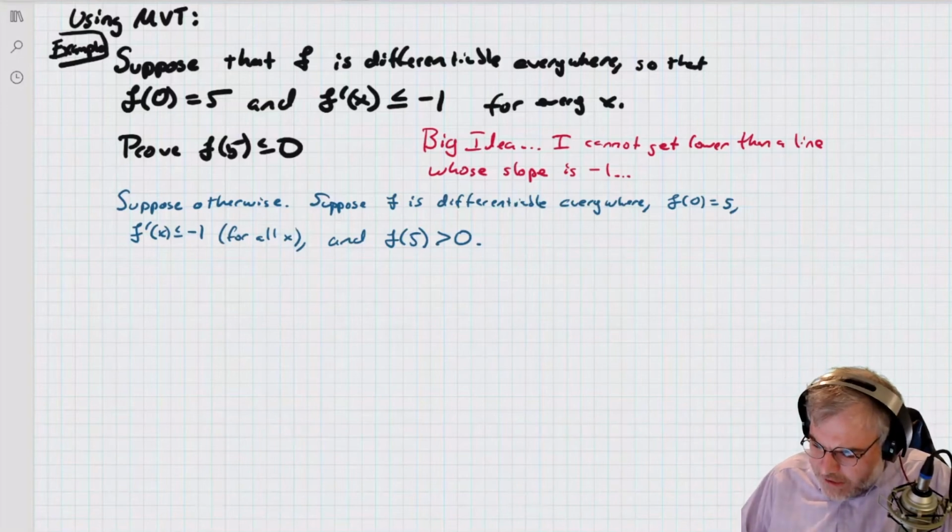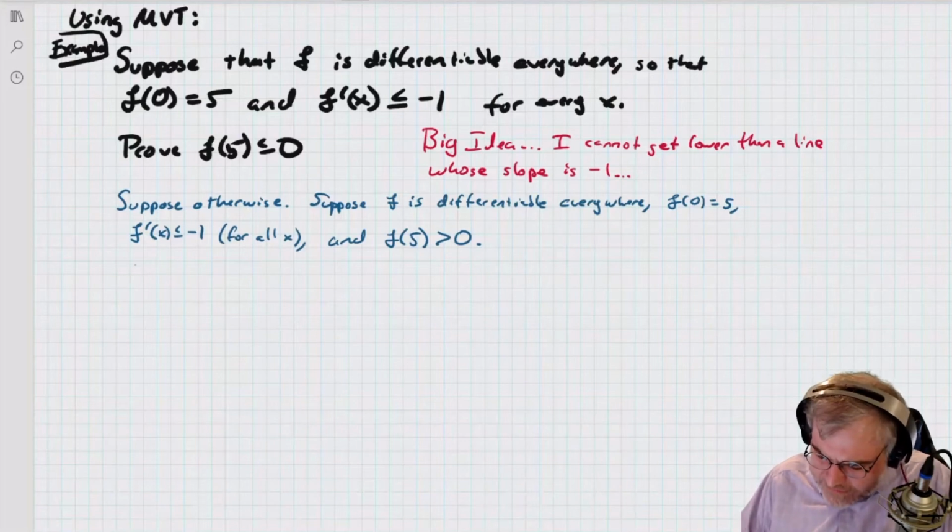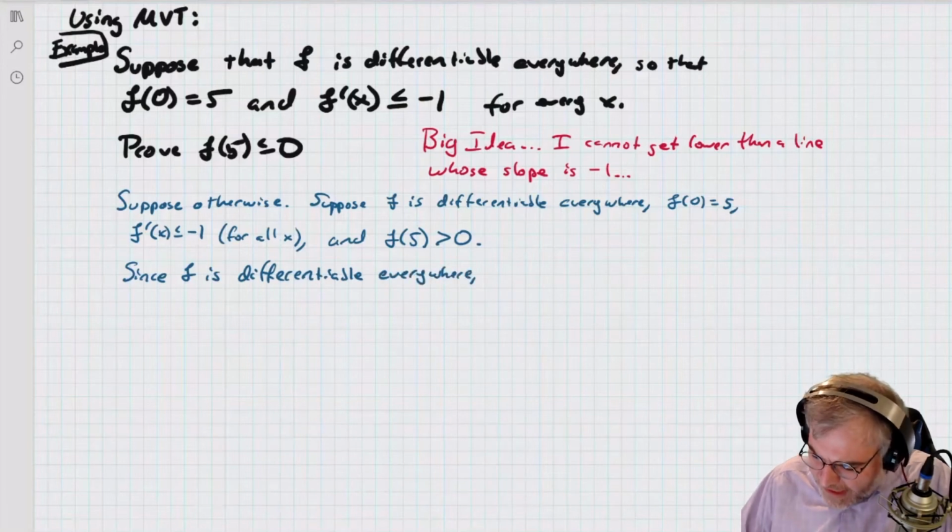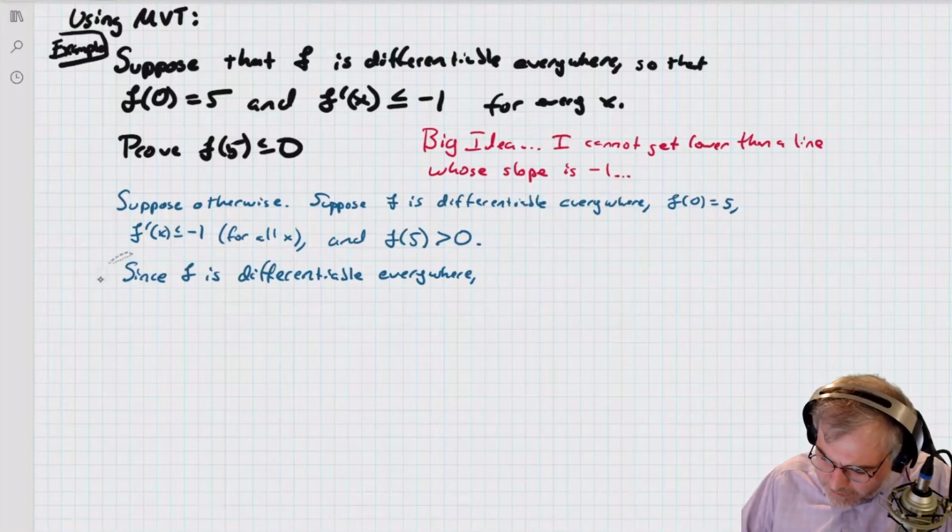All right. So let's see. Since f is differentiable everywhere, I'm going to set up Rolle's theorem. I'm going to set up MVT.